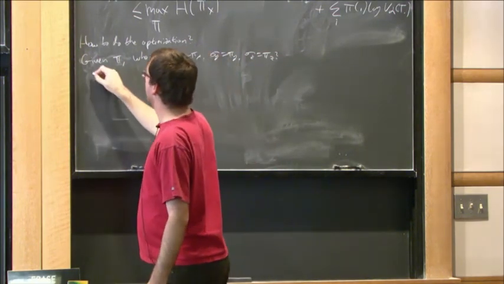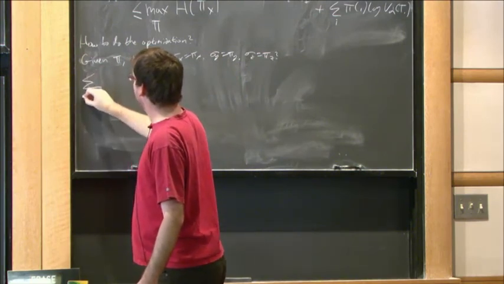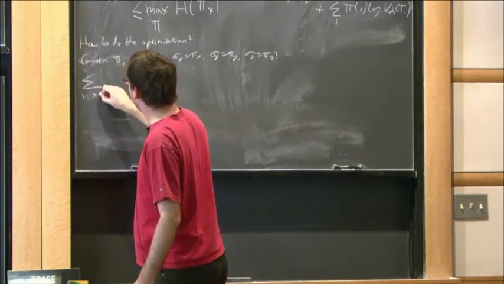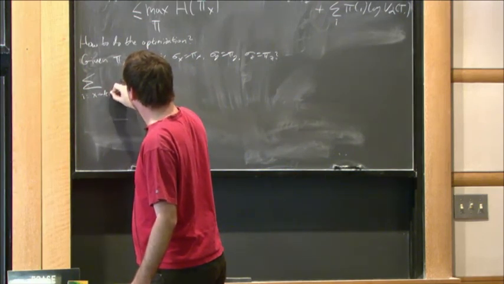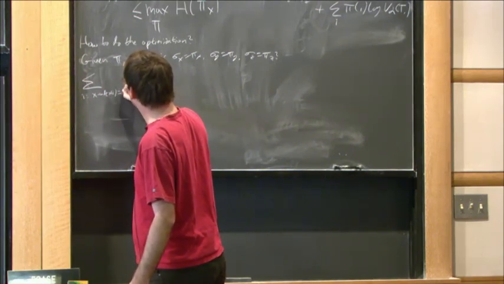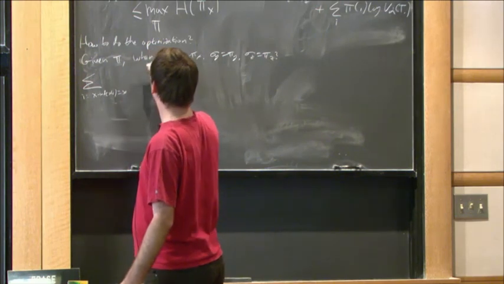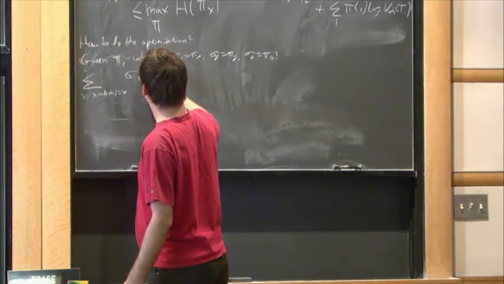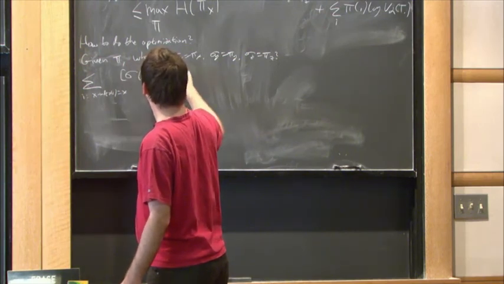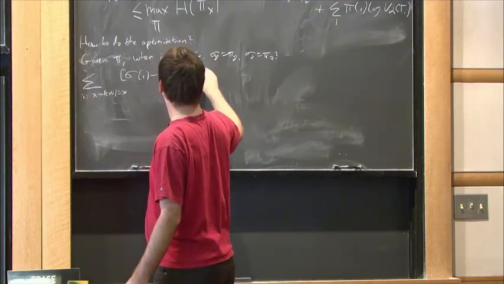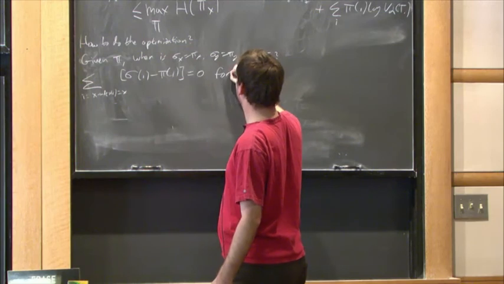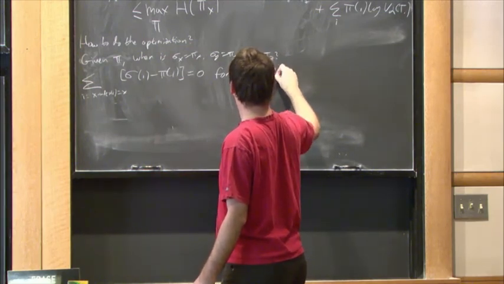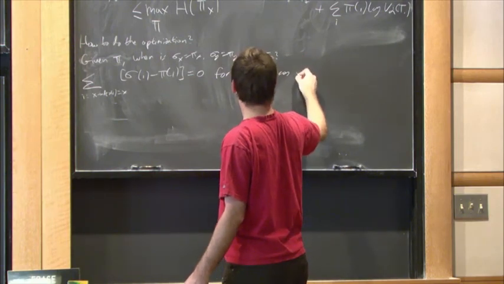So you take the sum of all triples such that the x index of I is equal to some x. Then you need that the sum of sigma I minus phi of I is equal to 0. This is for all x indices x.